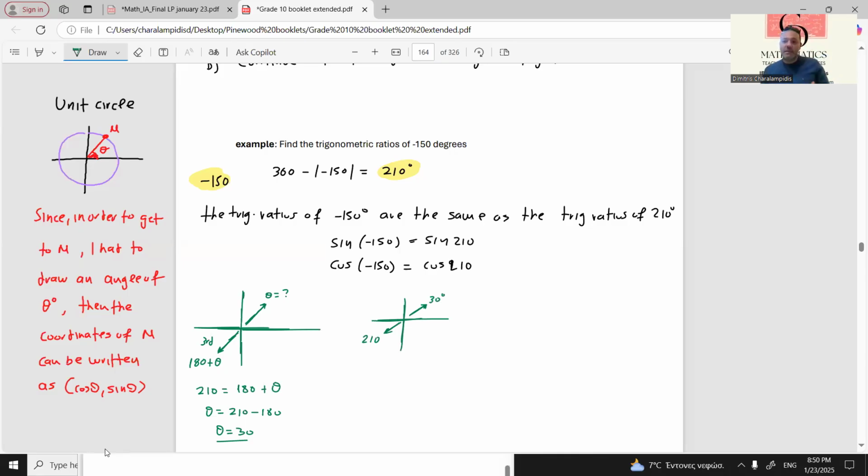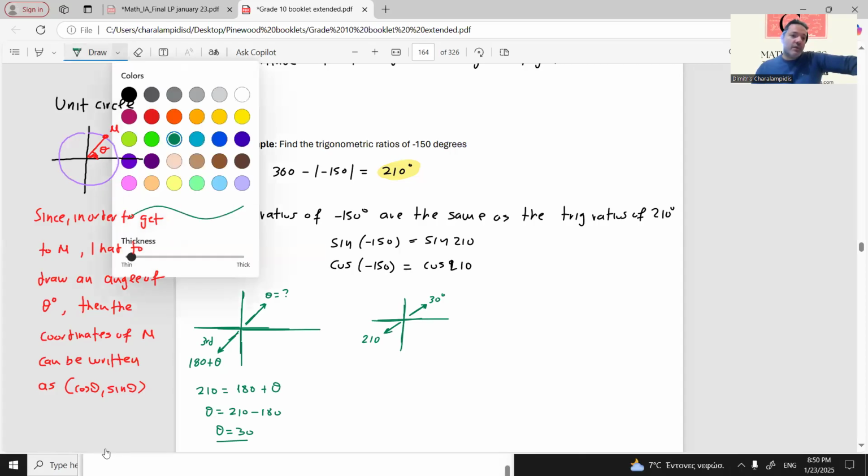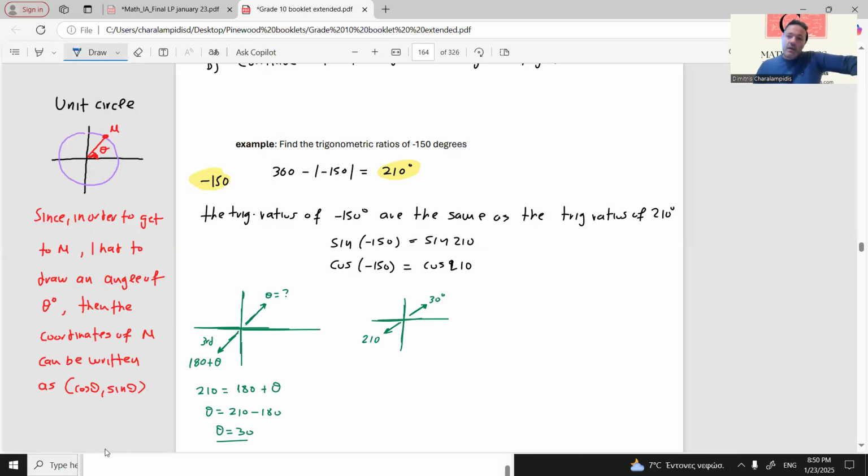And it seems that things are working really well for me because the angle of 30 degrees is actually one of the angles that I should know its trig ratios by heart. How can I use the unit circle for that? Again, it's about the poem.